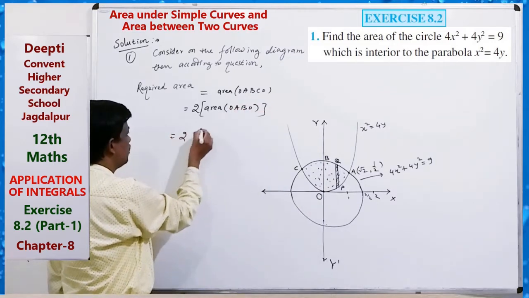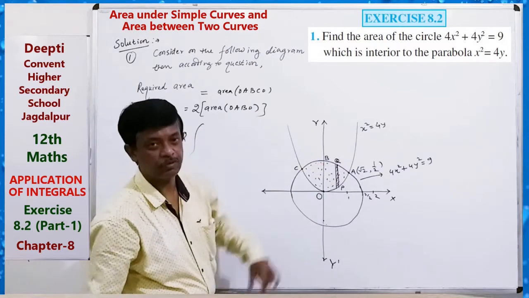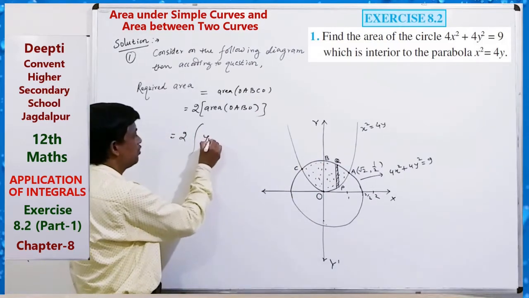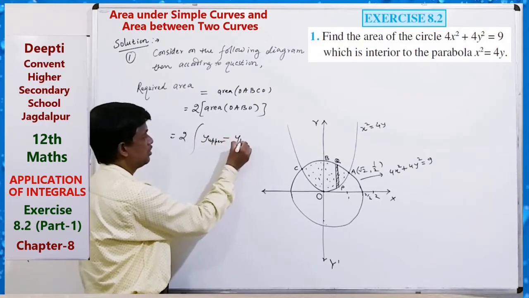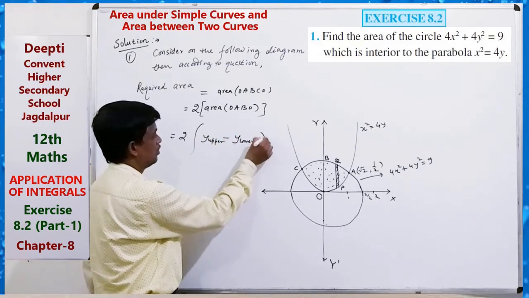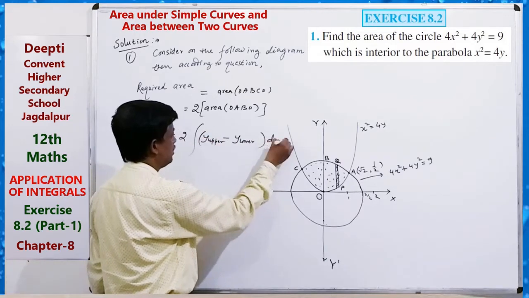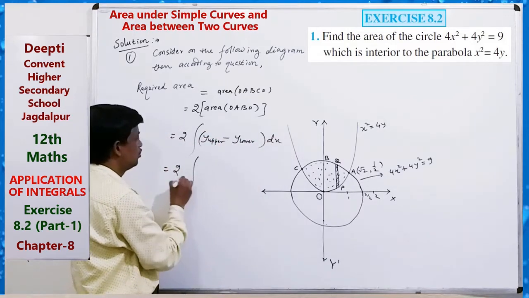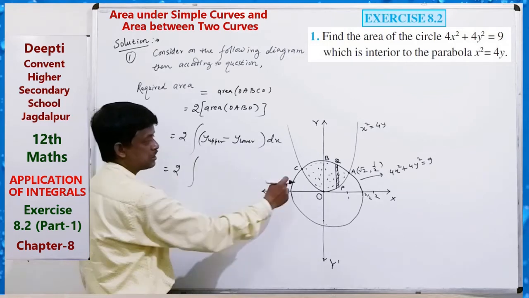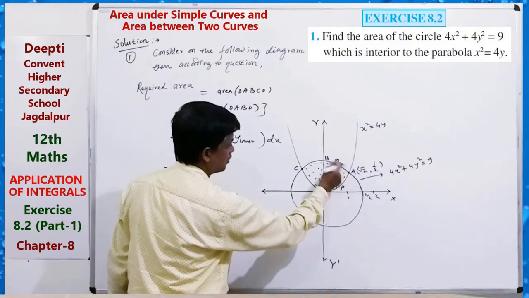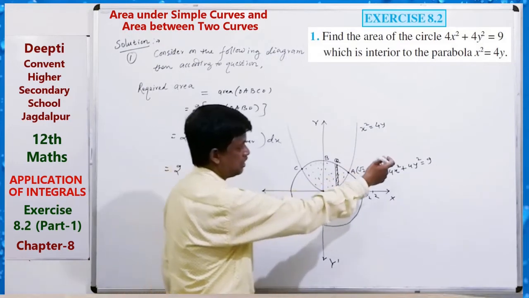That is 2 times integration of y upper minus y lower dx. Y upper means from the circle.